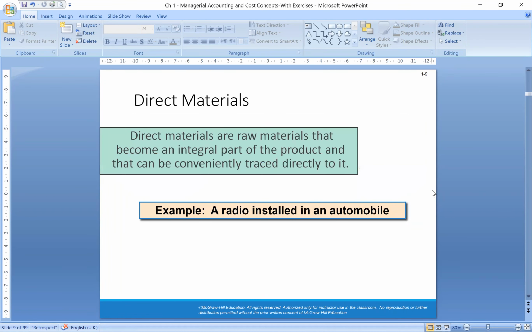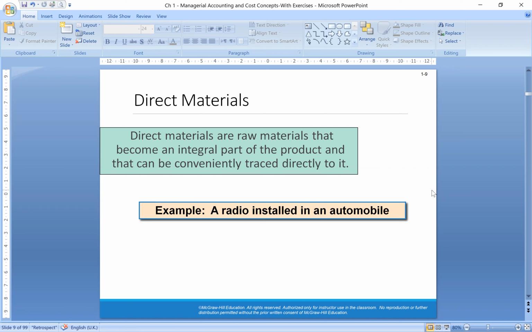These 3 components are related to something called manufacturing costs, which in a minute we will call product cost. Direct materials are raw materials that become an integral part of the product and that can be conveniently and easily traced directly to that product.